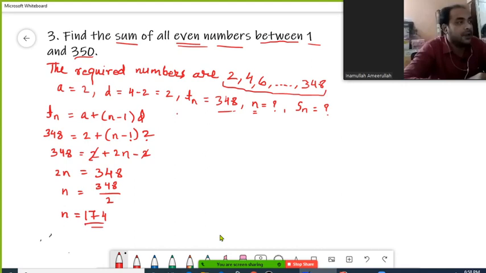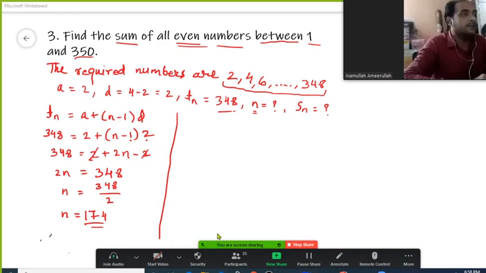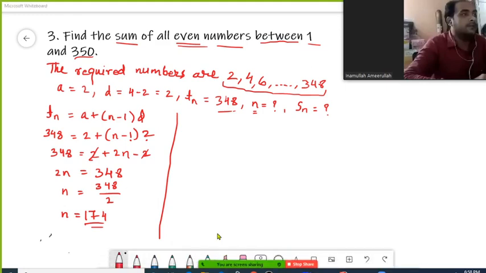We need to find out the sum of all the numbers. So after getting the number of terms, we can find out the sum of all the numbers from 2 to 348, and for that we can use the Sn formula. As I told you, we have two Sn formulae to find out the sum of n terms, and those two formulae can be used on the basis of the given information.